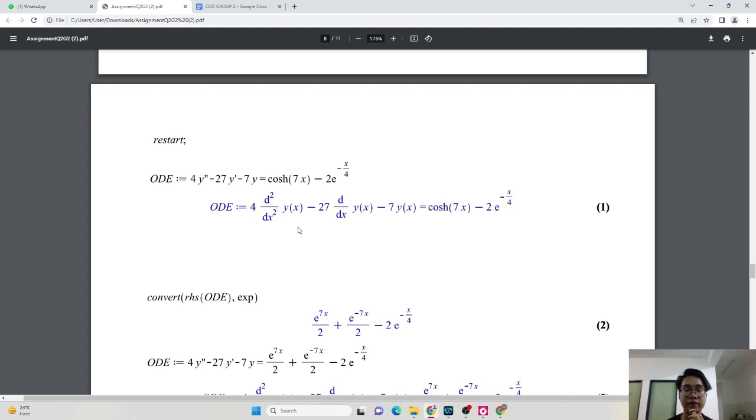The answer we get from Maple is ODE equal 4 d squared over dx squared y(x) minus 27 d over dx y(x) minus 7y(x) equal cosh(7x) minus 2 exponent power of negative x over 4.